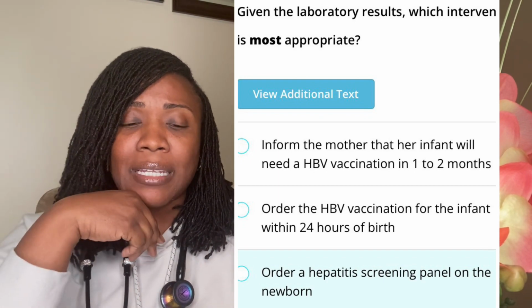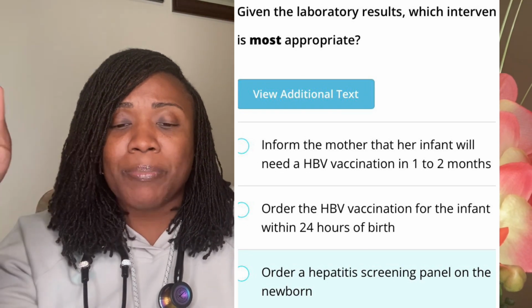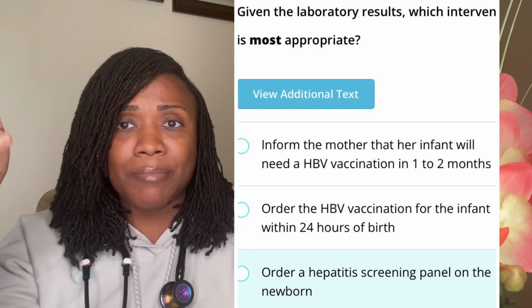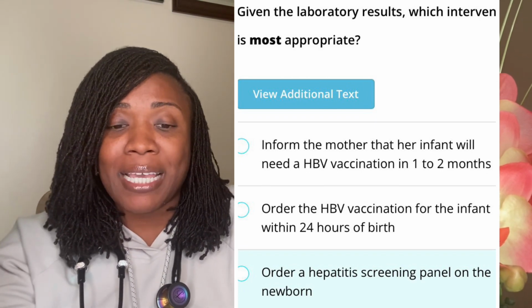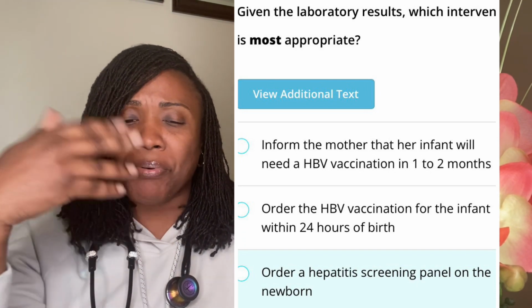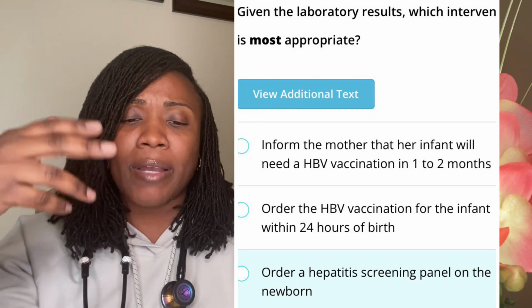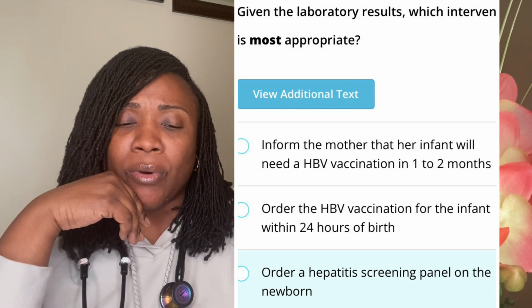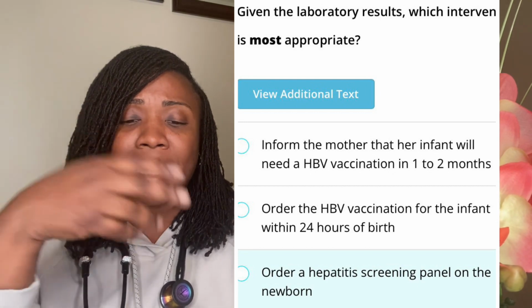The last one says consult medicine for management of chronic hepatitis B. Once again, it doesn't say anything about anyone having hepatitis B, and the third and fourth answers are pretty much saying the same thing.